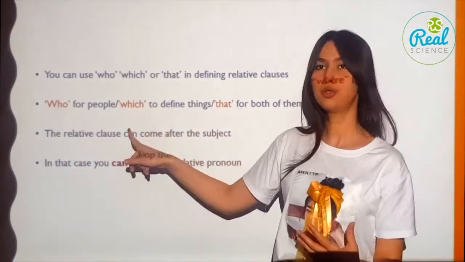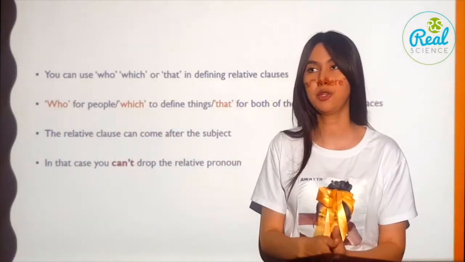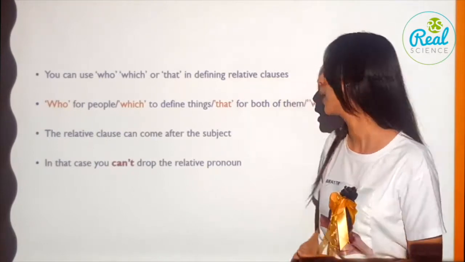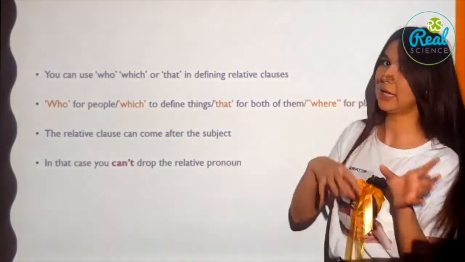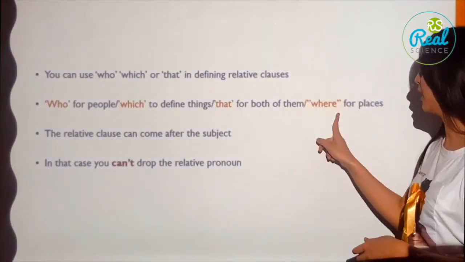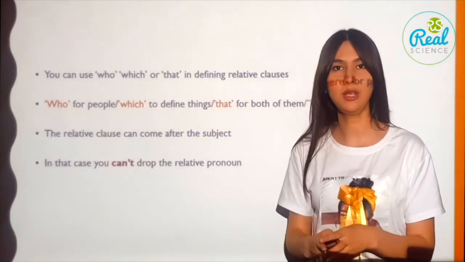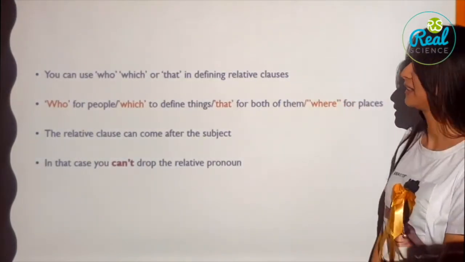Next one, which, to define things. So which you use mostly when you are describing things. Now that is used for both of them. So for things and for people you can use that. Then we have where, which is used for describing places. Yes, good job, places.